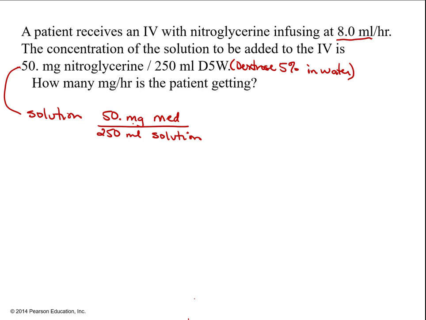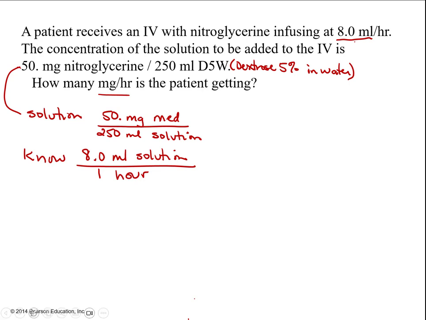What's the rate that I'm giving this medicine? So I know that I am giving them 8.0 milliliters of the solution per 1 hour, because it's actually asking milligrams per hour. So if I set this up, what do I need to cancel?